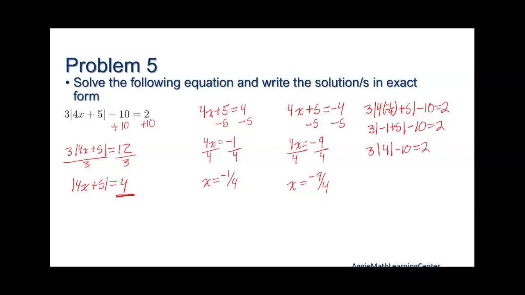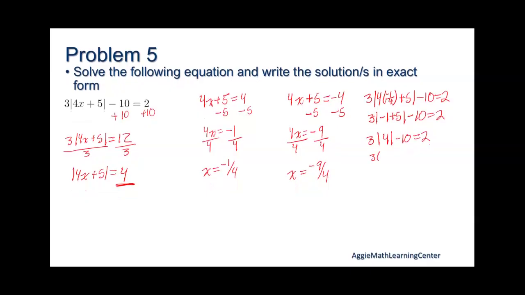The absolute value of 4, what is the absolute value of 4? 4. So you get 3 times 4 minus 10 equals 2. 3 times 4 is 12, minus 10 equals 2. So that one's good. We know that it equals negative 1/4. We just checked it.